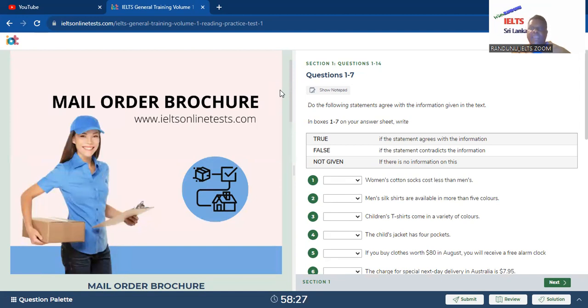You can save time. You can copy and paste answers. You don't need to type anything. So that is one benefit in computer based.